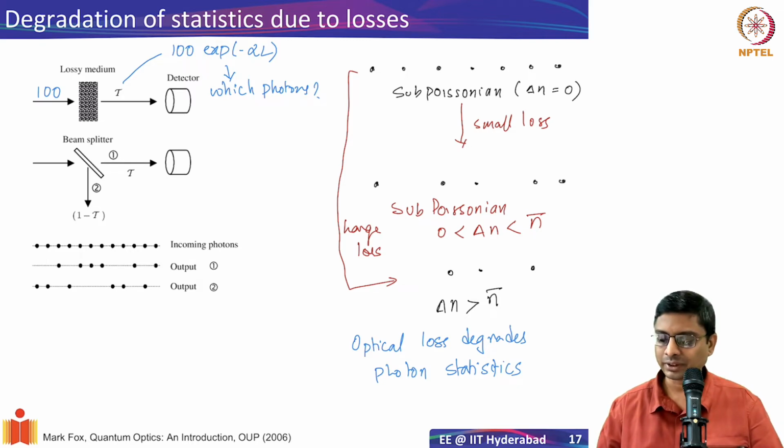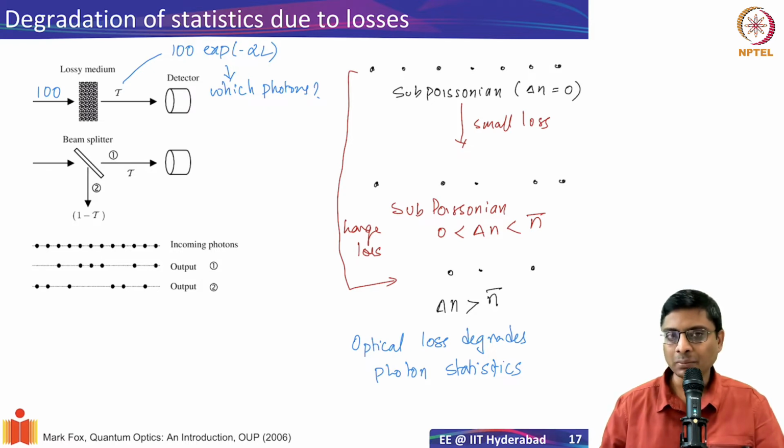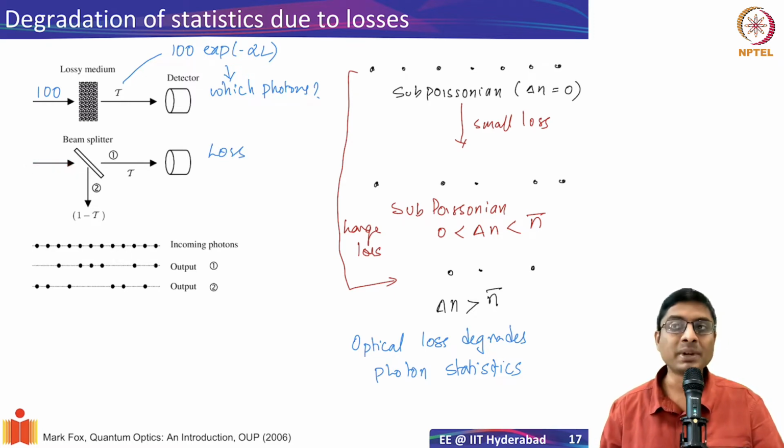In general, in the community, we use what is known as a beam splitter model for modeling loss. Let's say a light is incident on a beam splitter. A beam splitter is simply a device which splits one beam into 2 parts. Some of it is transmitted, some of it is reflected.